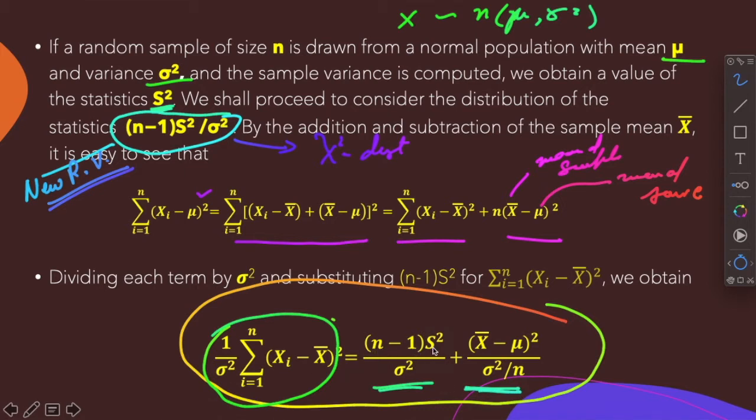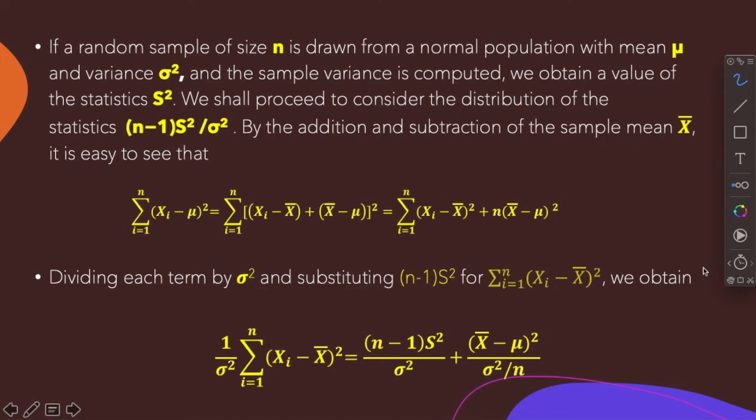One is n minus 1 s square by sigma square, which is basically referred to as chi square, and this is what is called the square of z. So square of z or chi square. These are two terms over here which can be seen in two distributions. One is called the chi-square distribution and the other is called the t distribution.